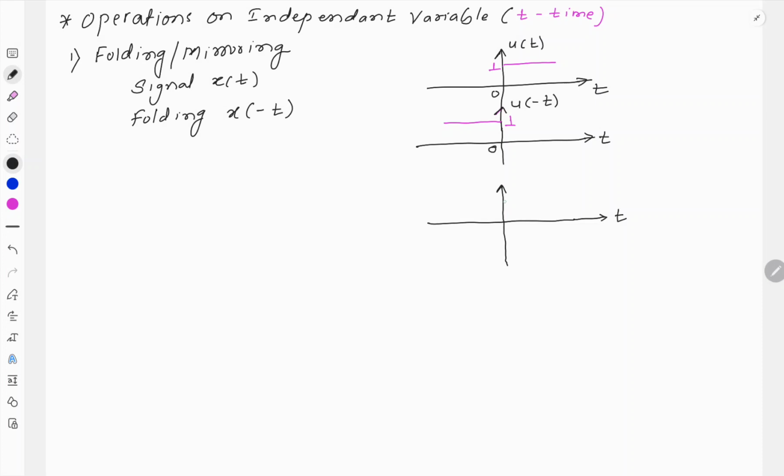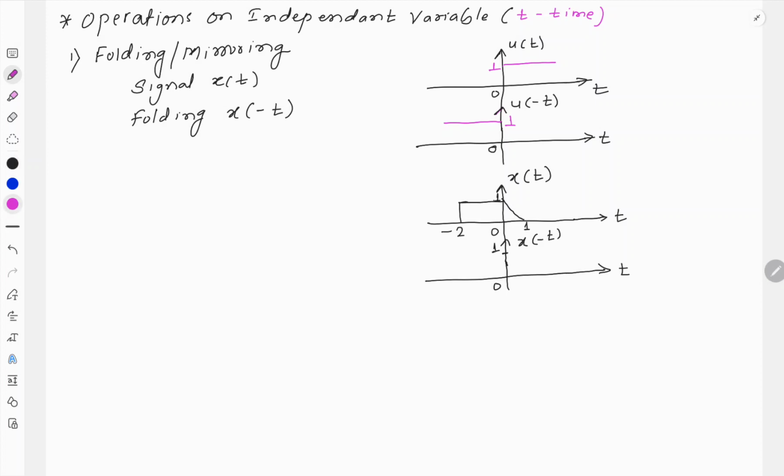So let's say I have a signal of triangular nature with amplitude 1 and 1 in the first quadrant, and I have a rectangular signal with, let's say, coordinate minus 2 in the second quadrant, and let's say this signal is denoted as x of t. And now I am supposed to find out the folded version of this signal, which is denoted as x of minus t. Okay, so let me mark the amplitude 1 with the origin.